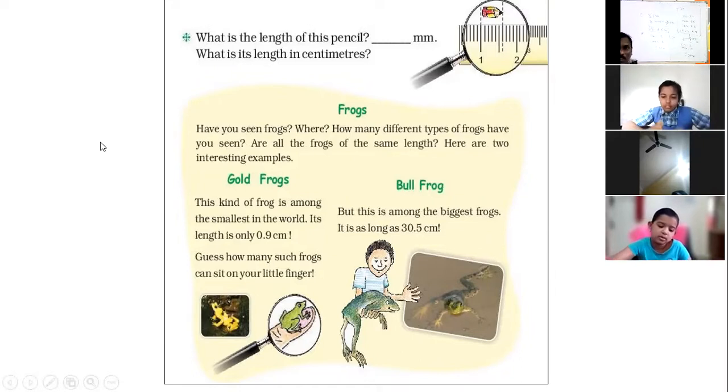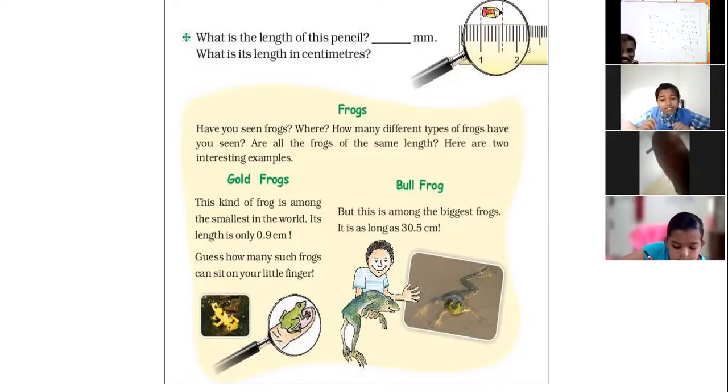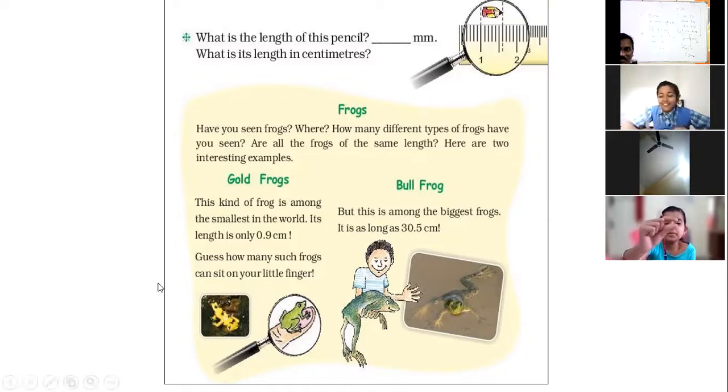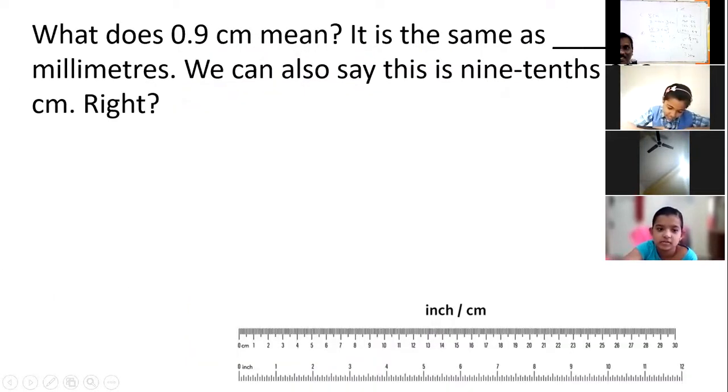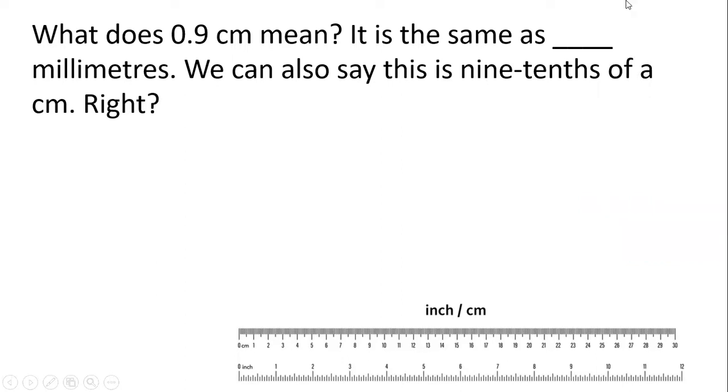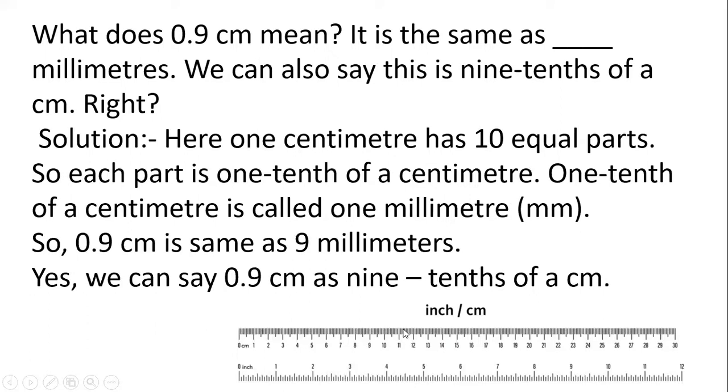Sir, that pencil can't be held, that 6 millimeter. Exactly, it is almost the tip of the pen, 5 millimeters and just 1 millimeter more. Sir, we have to write this?